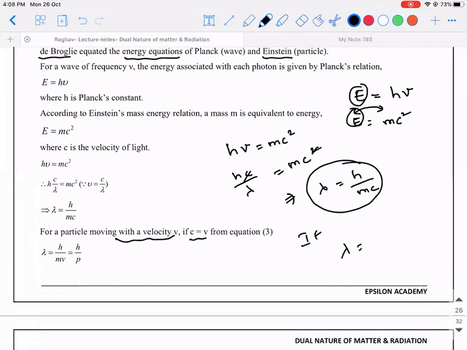Then we can write lambda is equal to h divided by mv. You would have seen this equation. This is what is called de Broglie's wavelength.